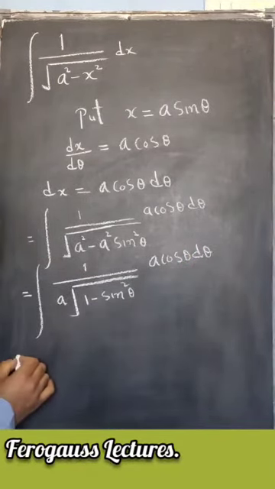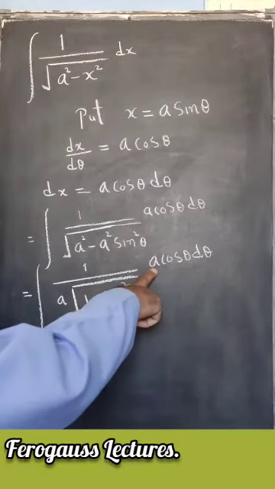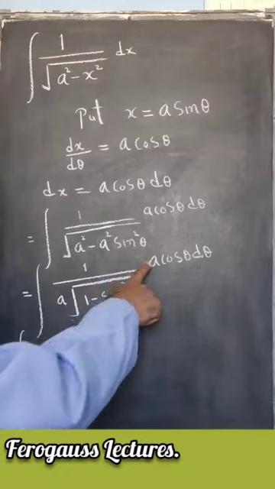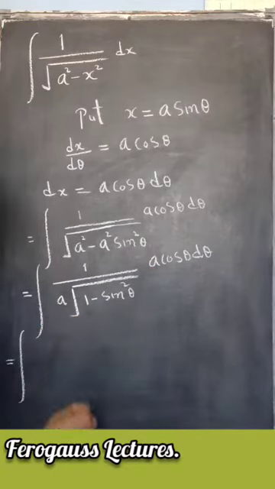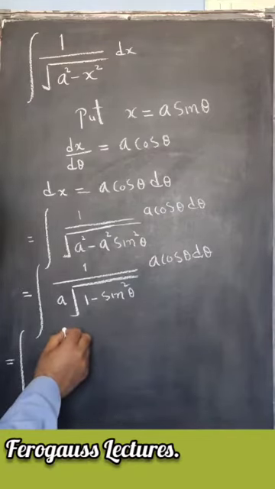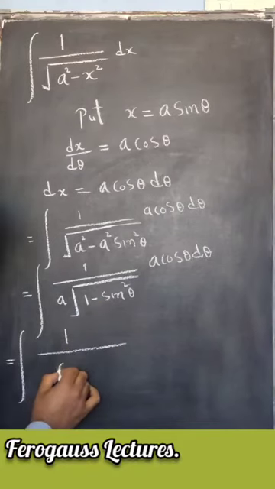That is further equal to the integral of, now here we have a in the numerator and a in the denominator, so they yield quotient as 1. So we get 1 divided by root of 1 minus sine square theta, which is cosine square theta, so the square root of cosine square theta is cosine of theta.